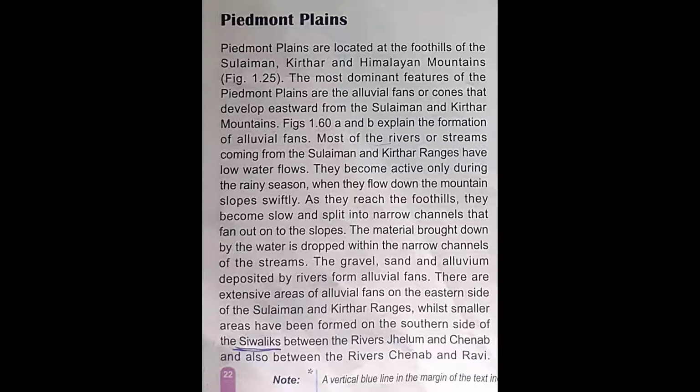Piedmont Plains are located at the foothills of the Suleiman, Kirthar and Himalayan mountains. As I told you in the beginning, Piedmont are the areas at the base of a mountain range or a mountain.